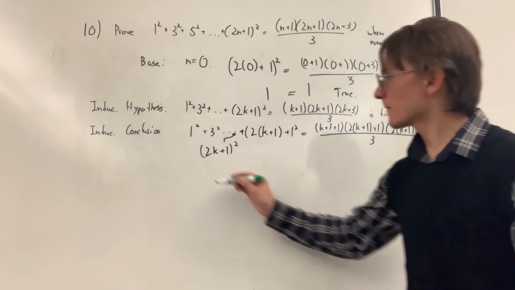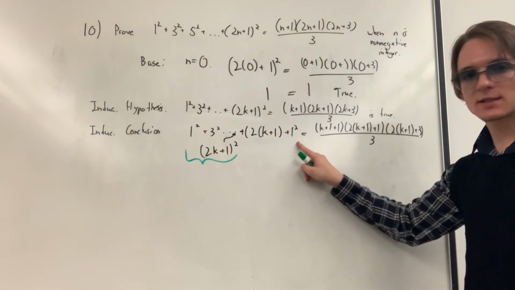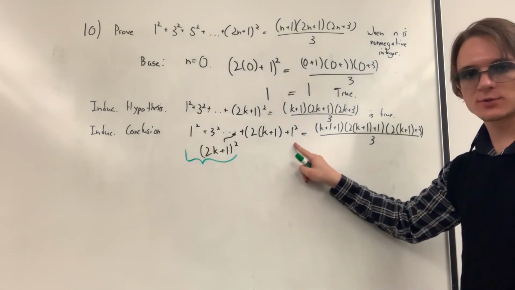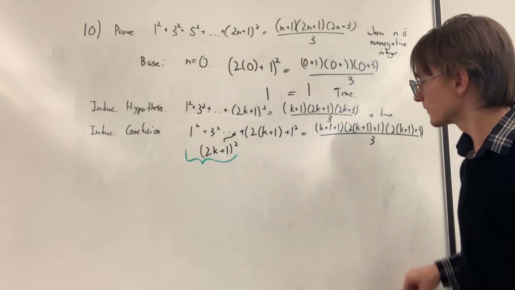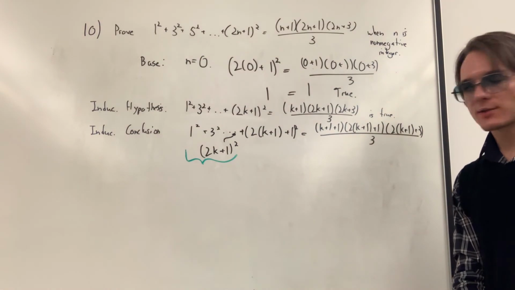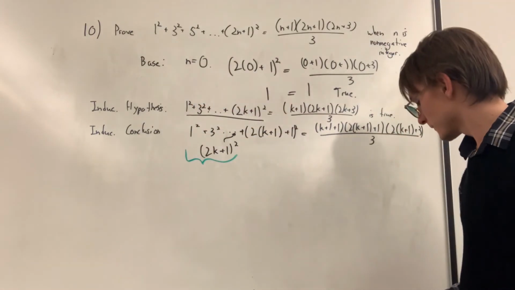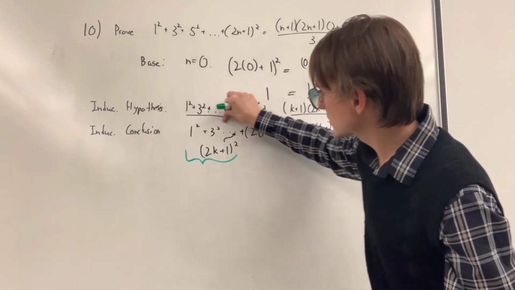But as we know, everything in the sequence prior to this last element, 2 times k plus 1 squared, has already been assumed to be something else. It matches here, which I will do in green so you can see.